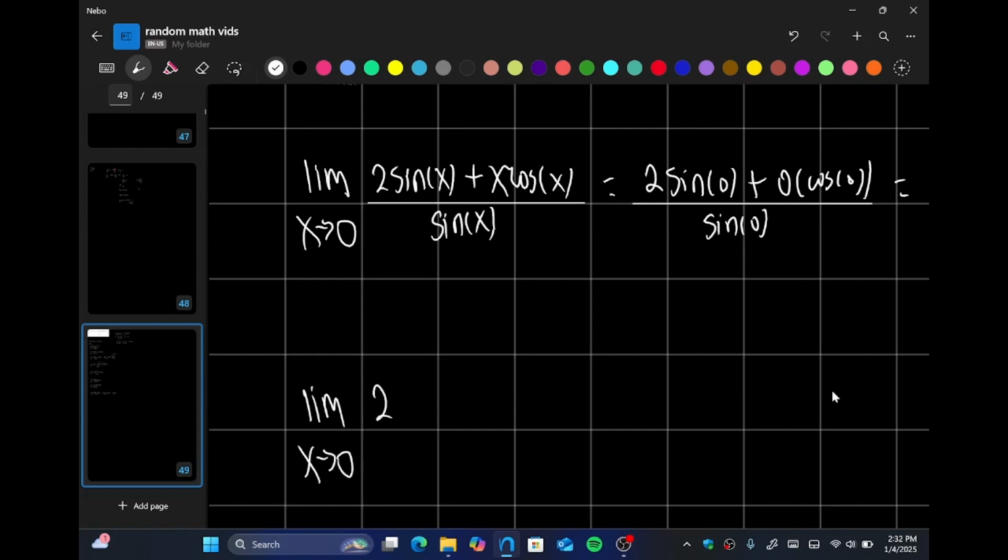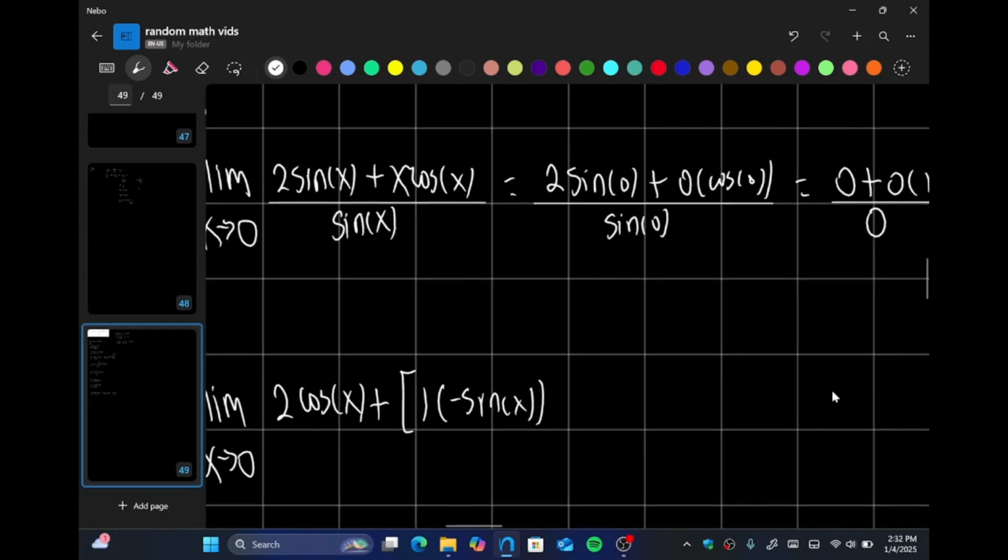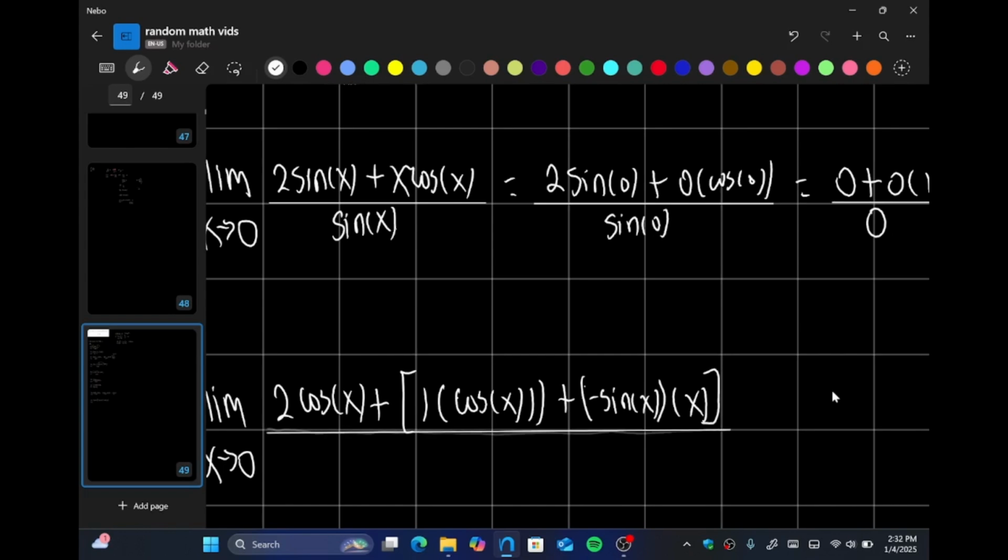So it's going to be 2 cosine of x plus, and again, we're going to do 1 times cosine x, plus negative sine x times x, and then remember to take the derivative of the bottom, over cosine x.